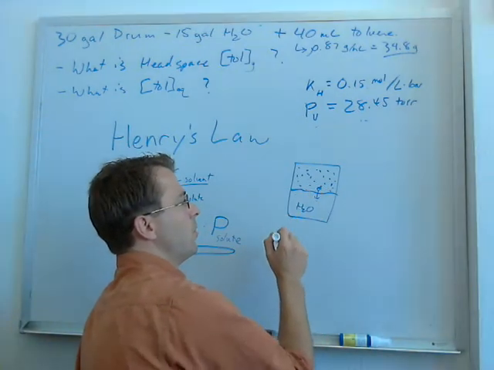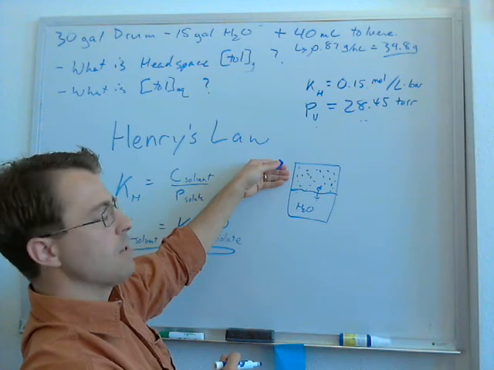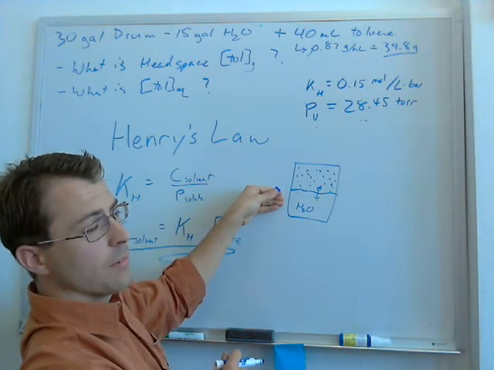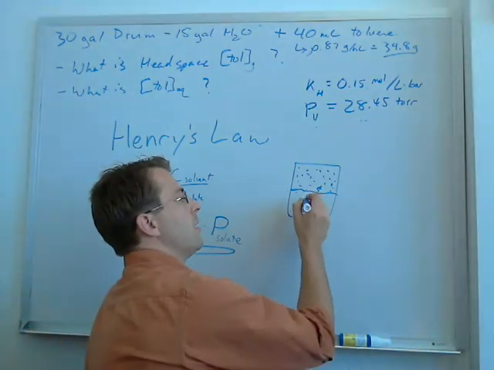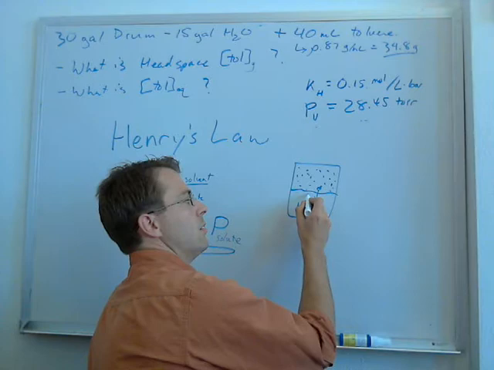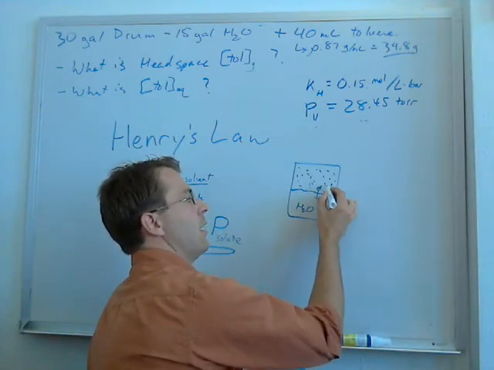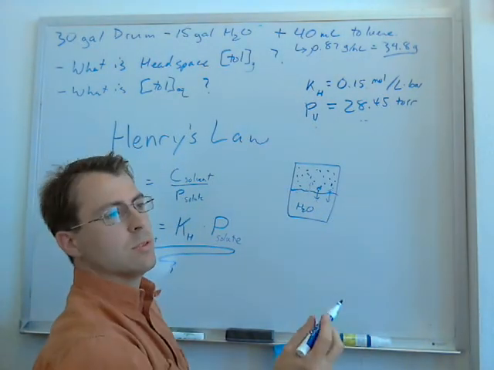And so what will happen is we might start with a lot of concentration up top in the headspace and none in the water, but in time they will reach an equilibrium where the rate of dissolved leaving and airborne going in is equal to each other.